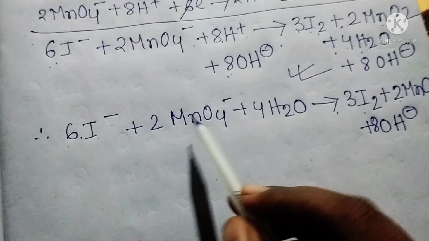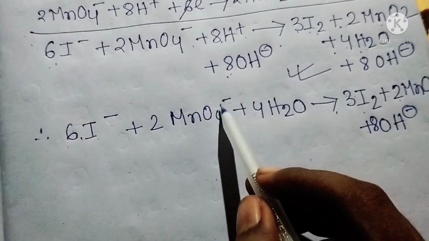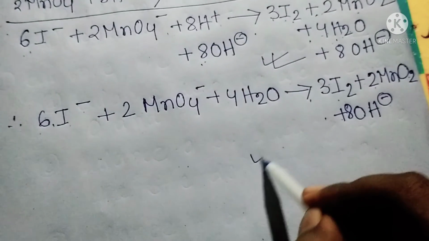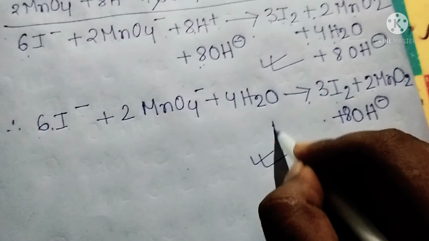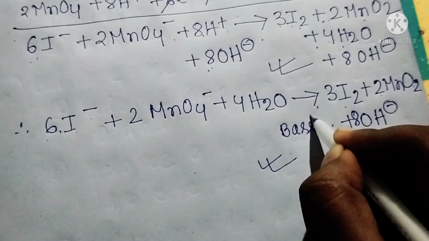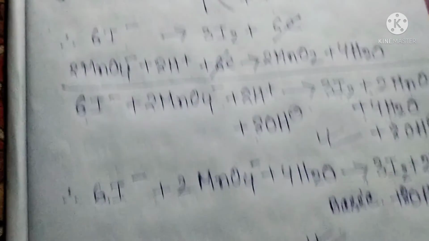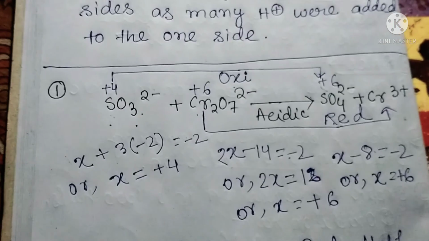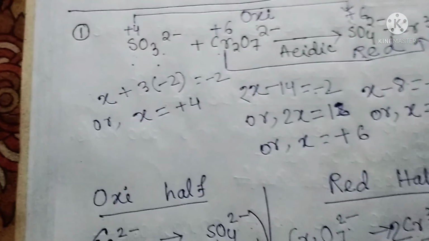Charge: 6 iodine minus, 2 minus, 8 minus, and here 8 minus. So this is the balanced form in basic medium. Do you understand, students? This is the process how we balance the equation by ion electron method.